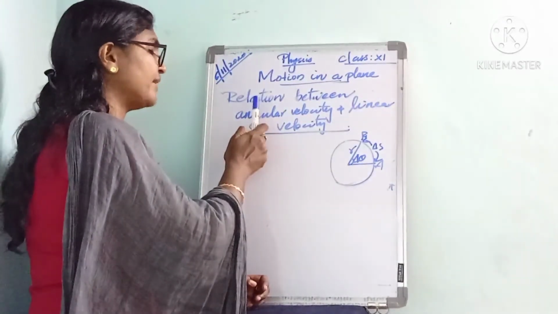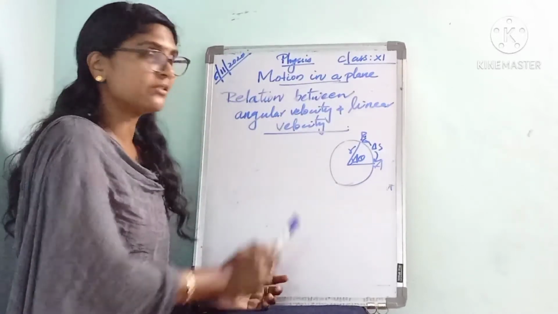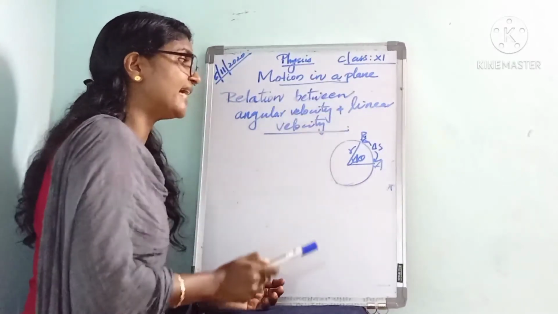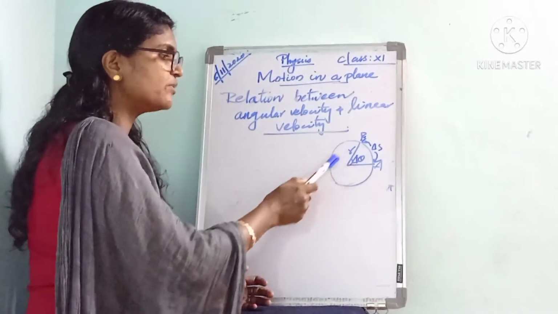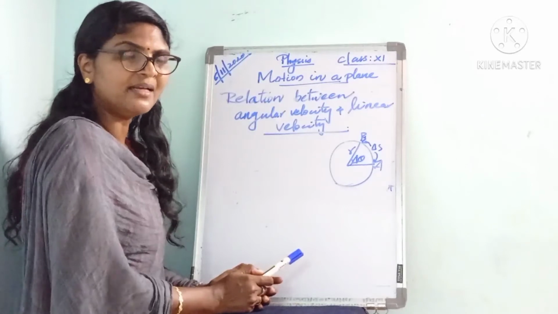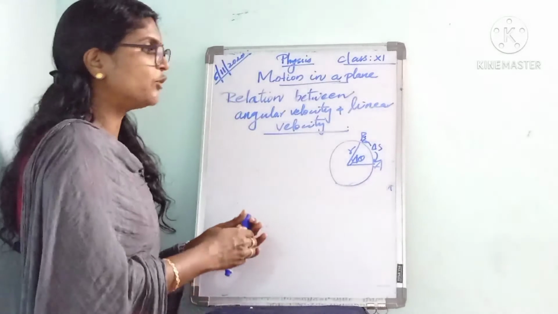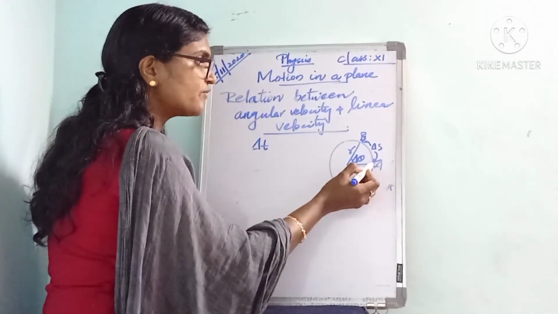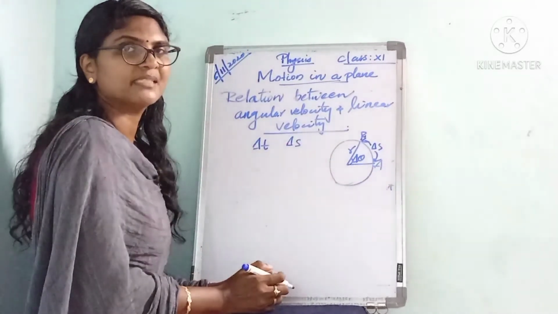Next, we are going to derive the relationship between angular velocity and linear velocity. Suppose a particle moves along a circular path of radius r, and during the time delta t, the particle moves from A to B and covers a distance of delta s.